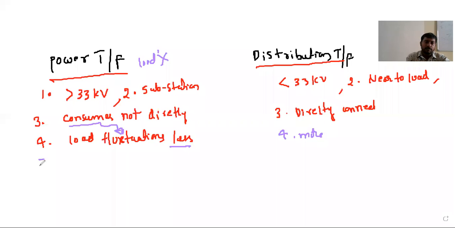Next, this is the fifth one. I'm going to take a different pen. The fifth difference is copper losses and iron losses.